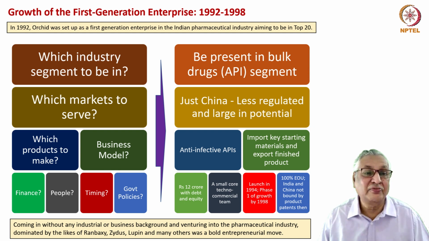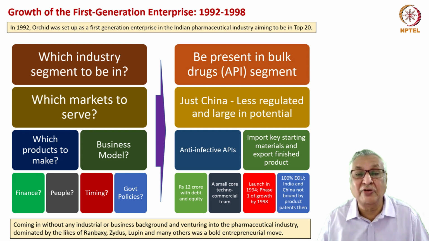Fundamental questions: which industry segment to be in, which markets to serve, which products to make, what is the business model that I am going to adopt, do I have the finance, do I have the people, do I have the timing, and do I have the government policies providing me the required tailwind? And the answers in respect of Orchid have been quite innovative.